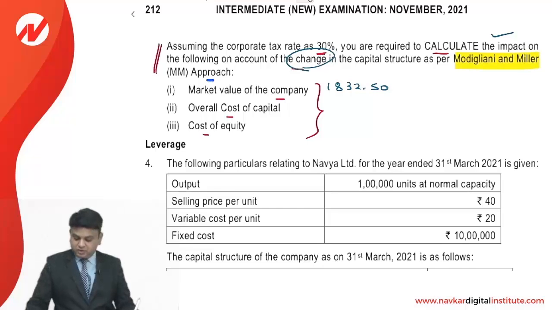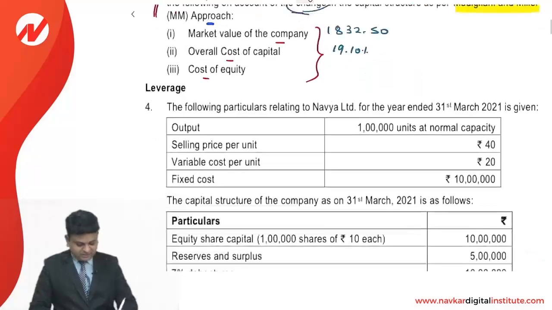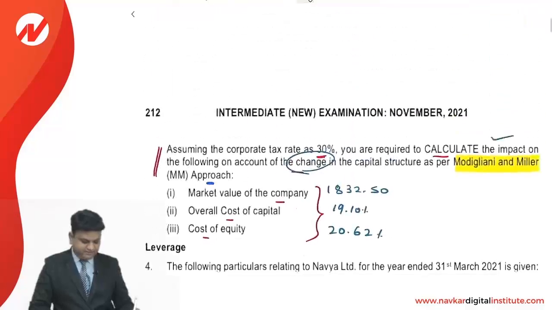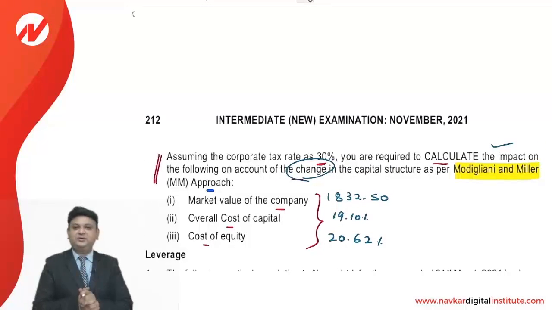Weighted average or overall cost of capital is 19.10%, and cost of equity is 20.62%. Yes, that is the way we are required to make the calculation of the answer.